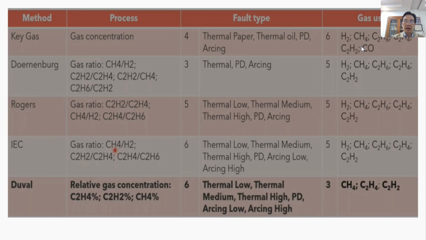But for any gas or TDCG over the limit, we move directly to the Duval triangle or Duval pentagon method to have further analysis. So with the Duval method, you have Duval triangle number one, number four, number five, and you have also the Duval pentagon, to do the analysis and to determine the root cause with the DGA.